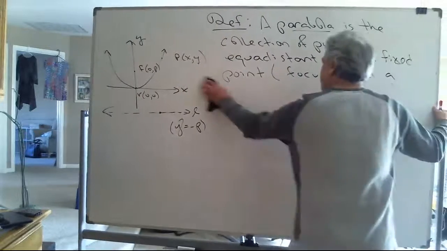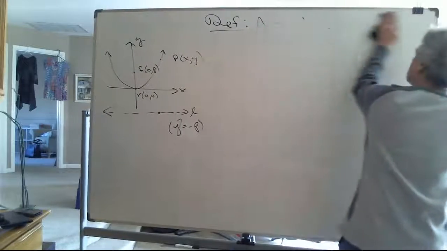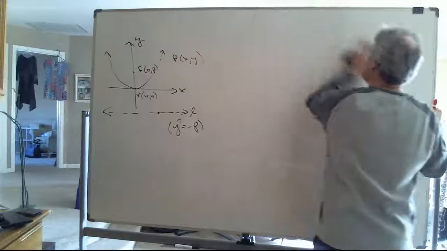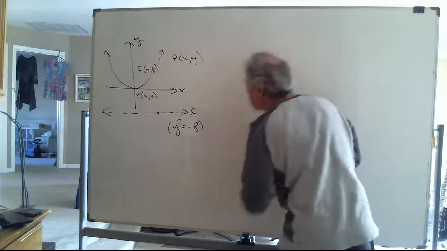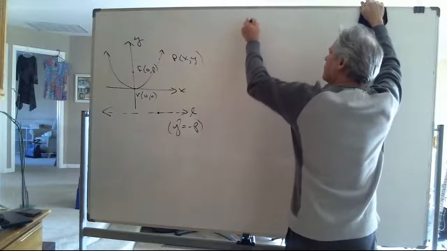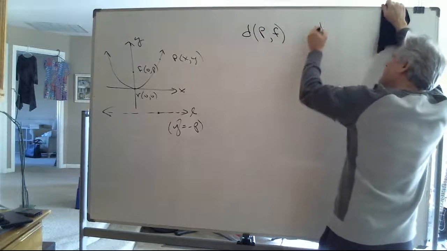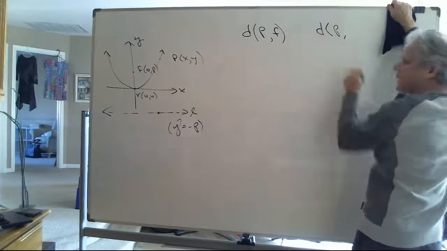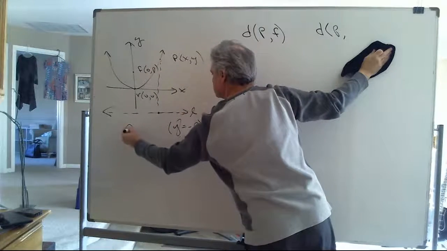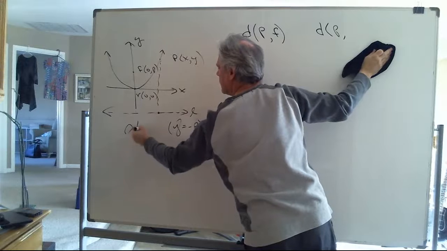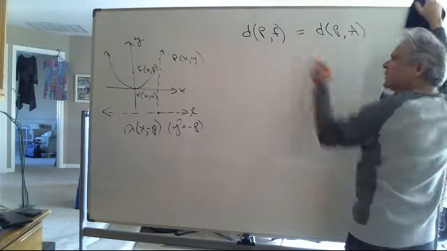So to come up with a general form for an equation of a parabola, piece of cake. By definition, the distance between the arbitrary point P and the focal point, and the distance between the arbitrary point P and the corresponding point on the directrix, I'll call it A, must be the same.